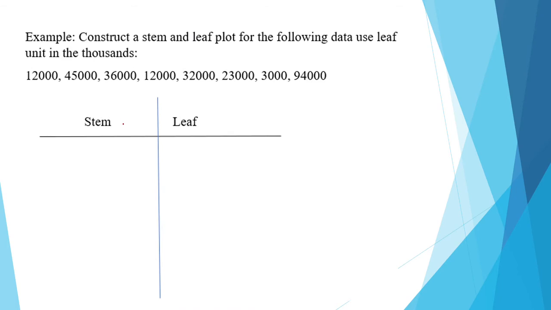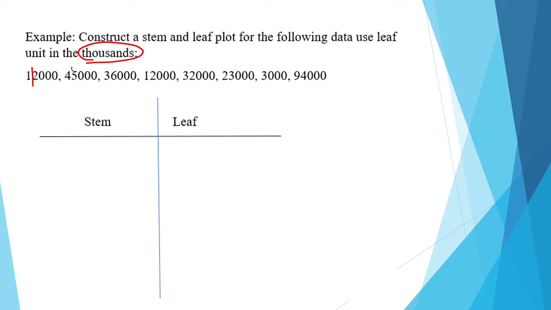Example, construct a stem and leaf plot for the following data. Use leaf unit in the thousands. Notice that we want the leaf unit in the thousands because our numbers are much larger than the previous example. So I'm going to locate the thousands position, and for the first number, that's going to be the 2. And I want to draw a vertical line just to the left of that 2.